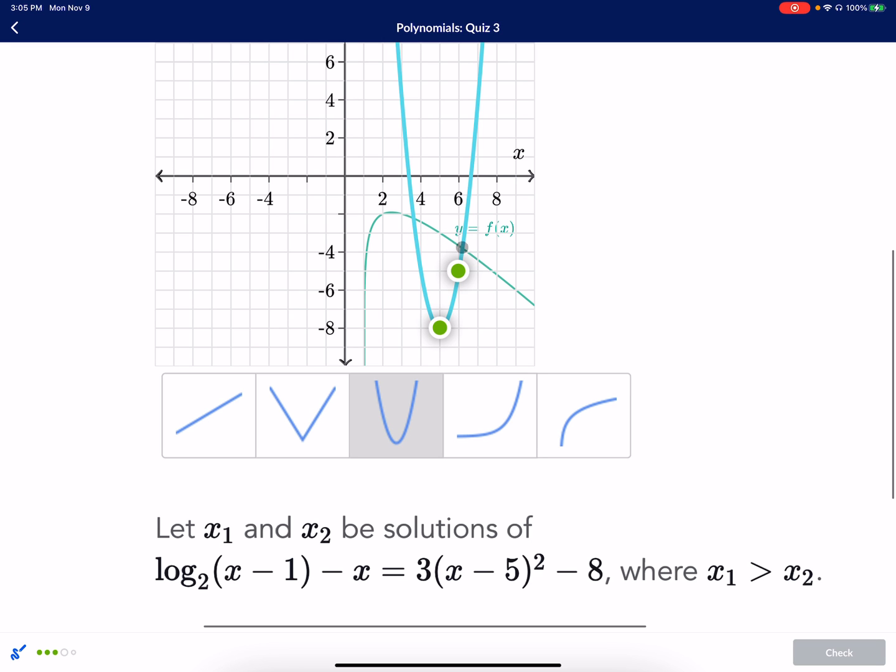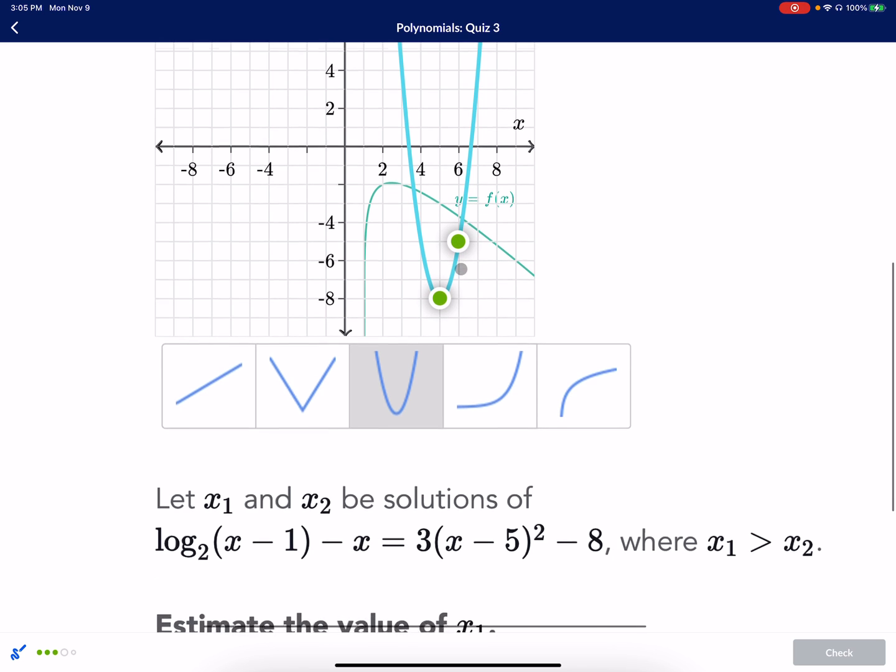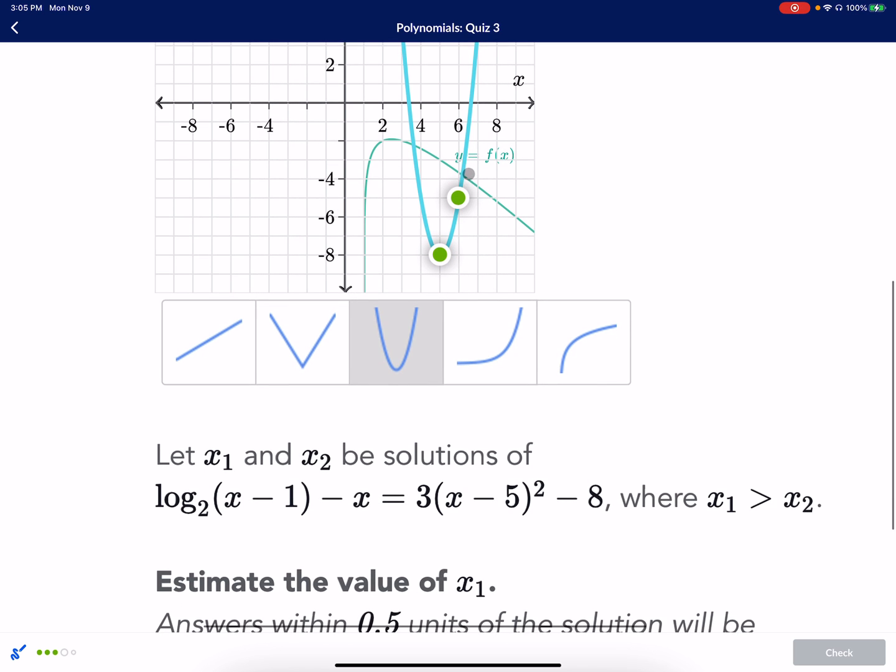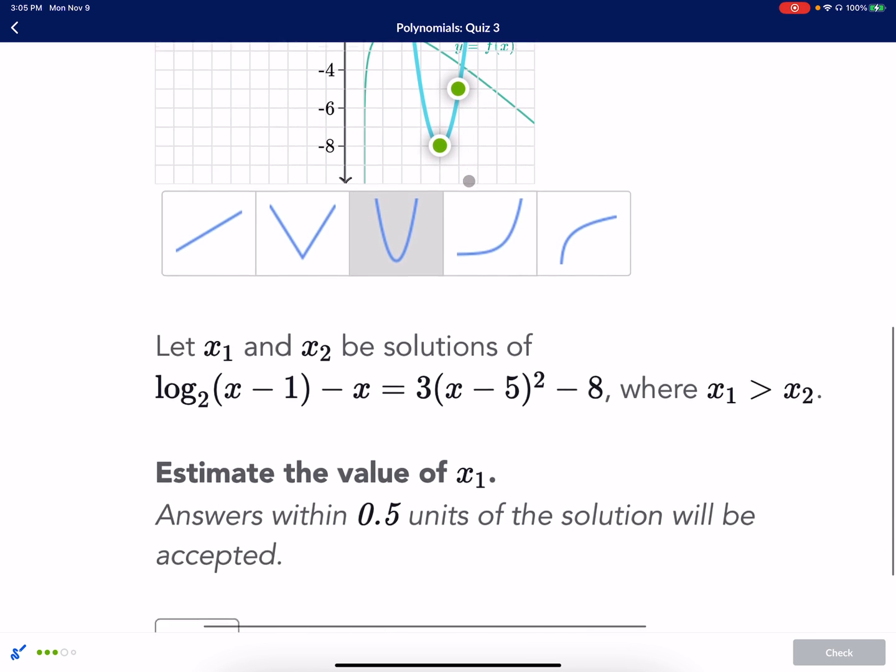And the larger x value is going to be on this intersection point to the right. That's going to have an x value of, it appears to be 6.1, maybe 6.2, somewhere in there, and a y value of negative 3.9. They're only asking us for the x values. So I'm going to use that x value.